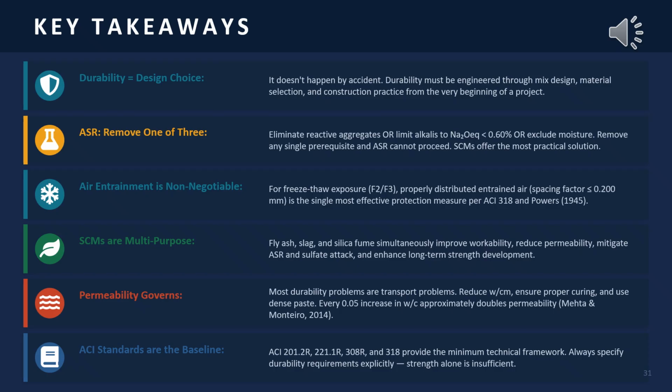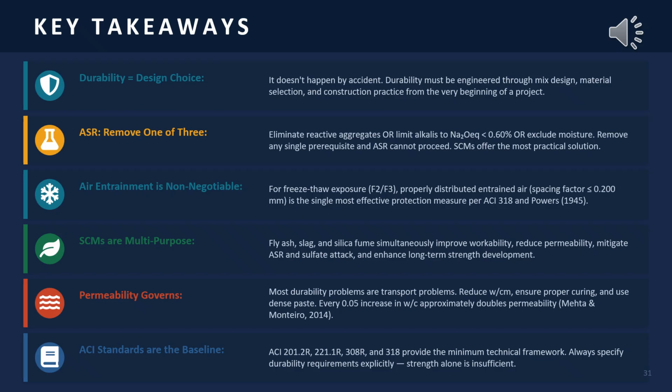Fourth, supplementary cementitious materials like fly ash and silica fume are multi-purpose. Fly ash, GGBS, and silica fume simultaneously improve workability, reduce permeability, mitigate ASR and sulfate attack, and enhance long-term strength. They represent excellent value in any durability critical project.